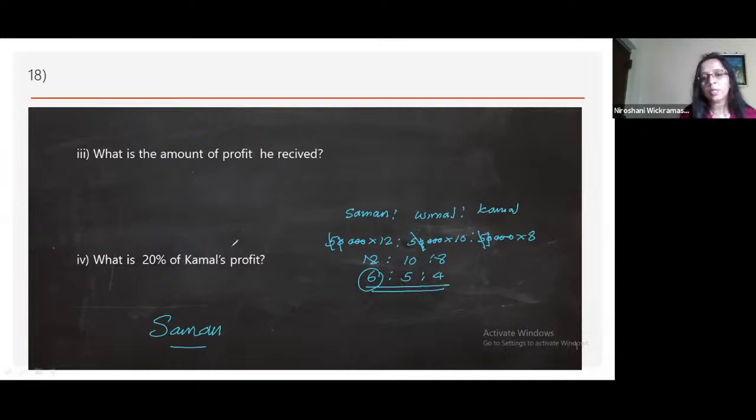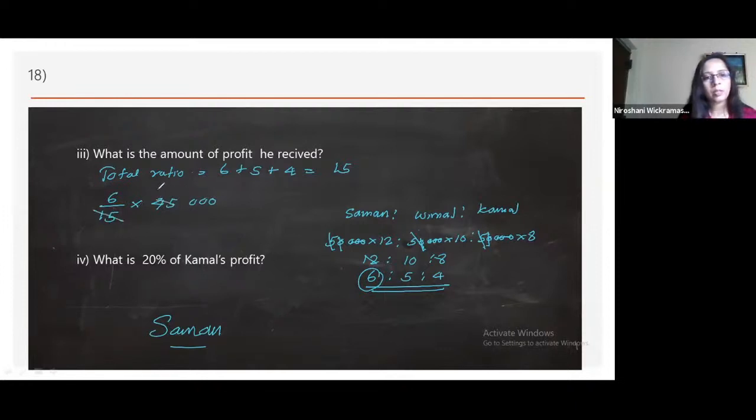The total ratio is 6 plus 5 plus 4. 6 and 5, 11, and 4, 15. Then he obtained 6 parts out of 15. The profit gained from the business is 45,000.